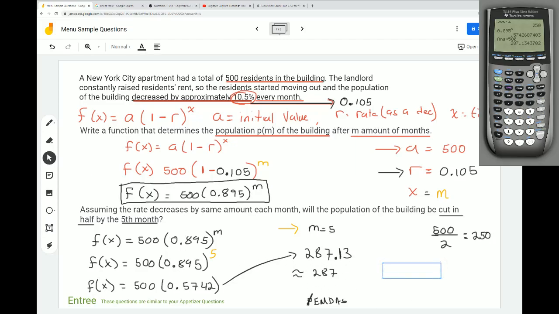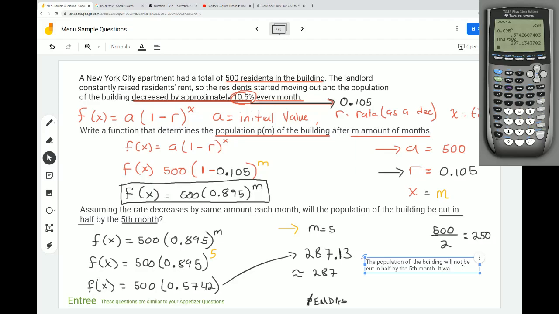So the population of the building will not be cut in half by the 5th month.